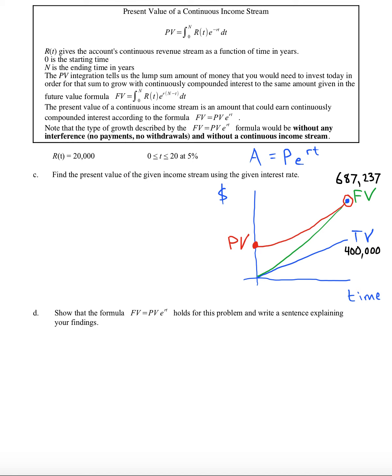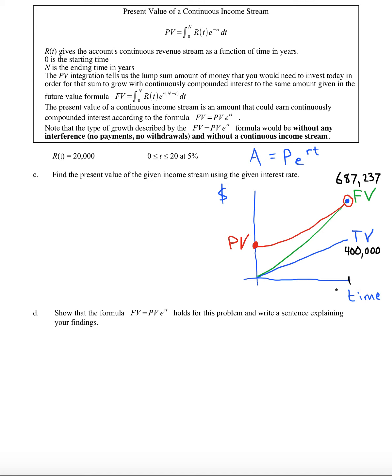All right, so we want to now use an integration to sort of undo the earning of interest and get us back to how much we would have to pay today as a present value to also earn $687,000 at the end of the 20-year period.